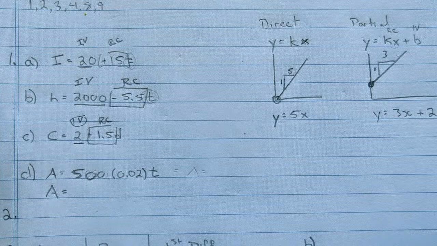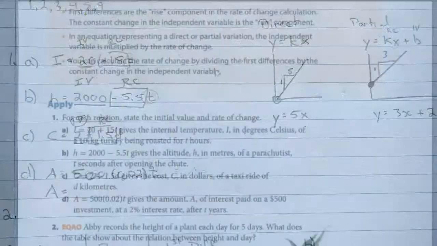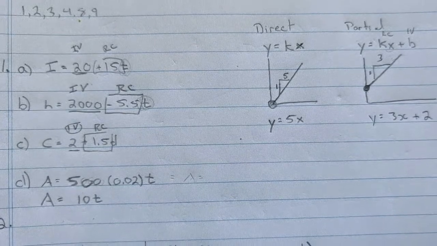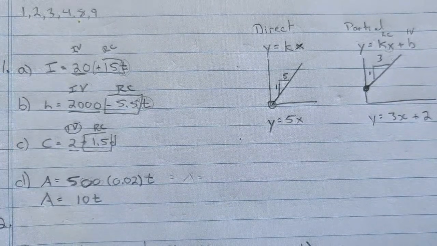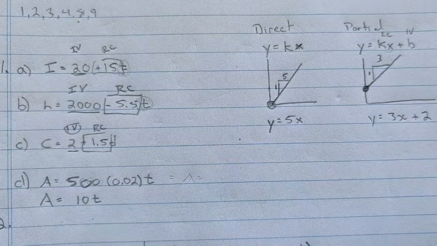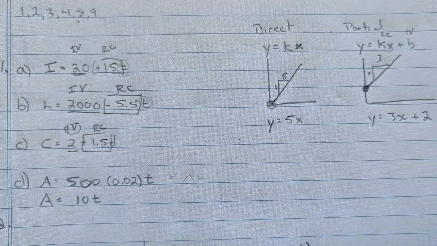Oh, my camera's frozen. Hold on a second. There we go. Fixed it. Okay. So yeah, this simplifies down to 10t. We actually multiply that out. We get 10t. There is no portion that is being added here, so there is no initial value.